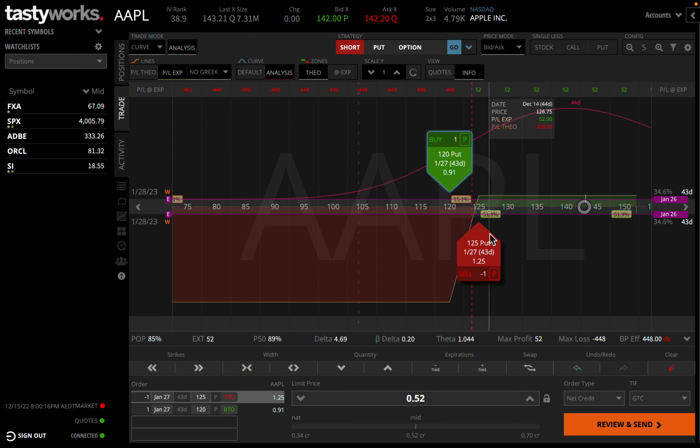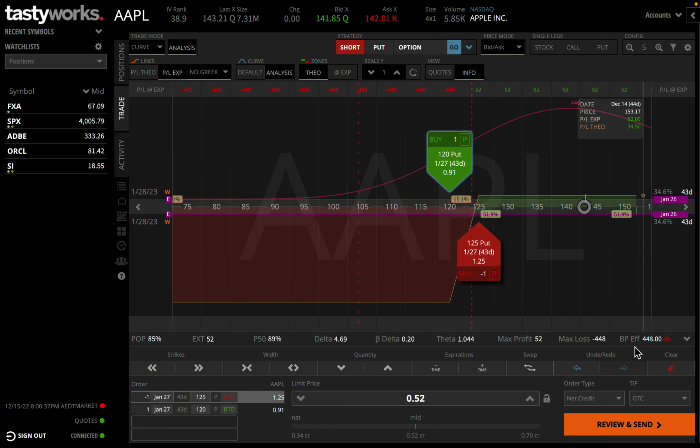So the difference between the one you're selling and the one you're buying is $5. 5 times 100 is 500. So you need $500 to do this trade. Why is it 448? Because you're collecting $52. So 500 take away 52, you need 448.